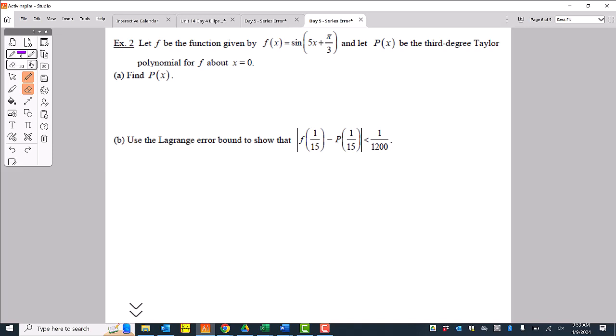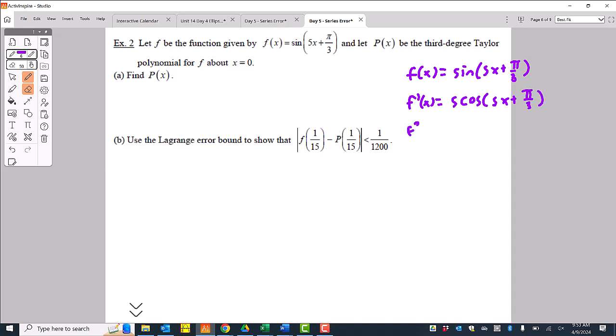All right, so what we're going to do is we're going to find our derivatives. f of x is going to be sine of (5x plus pi over 3). f prime of x is going to be 5 cosine of (5x plus pi over 3).